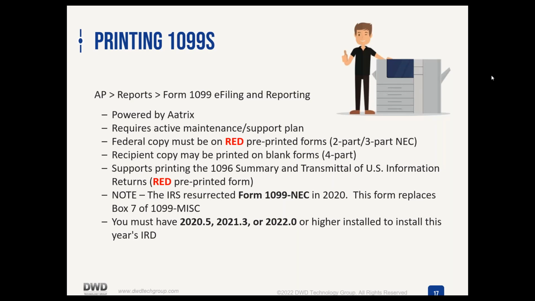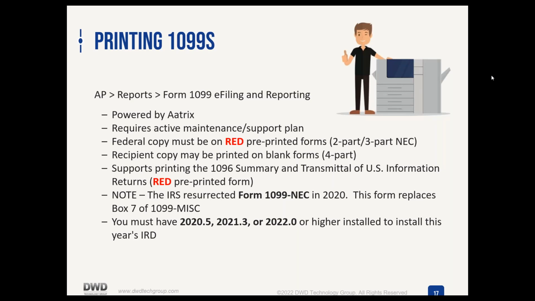You must use the red copies for the federal if you are mailing those into the government. The Aatrix will offer an option to e-file, and with that, you don't have to worry about having pre-printed forms. Note that the 3-part NEC form that came out a couple of years ago, actually it came back a couple of years ago.